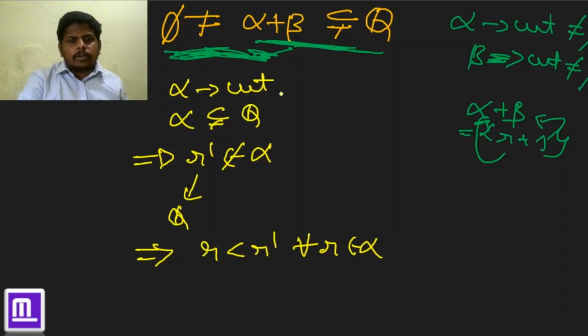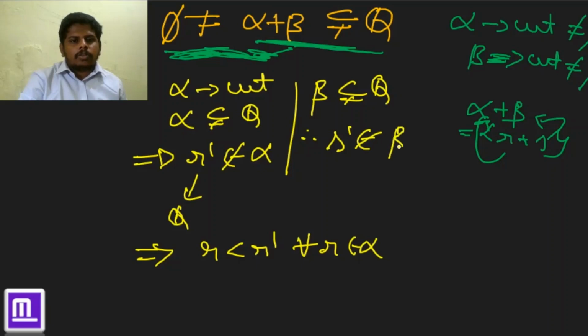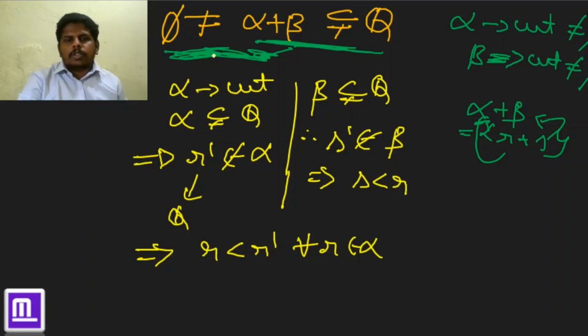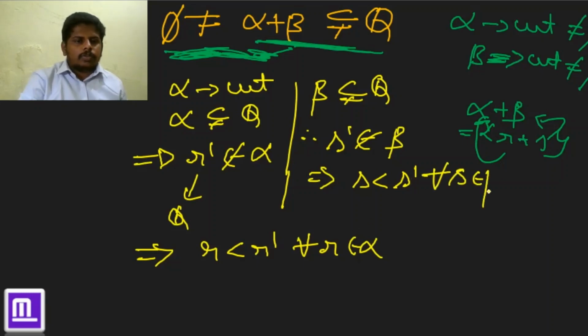We can get one more. Beta is also a proper subset of the rational numbers. Therefore, there must be some s dash which does not belong to beta. This means this s dash should be greater than every s which belongs to beta.